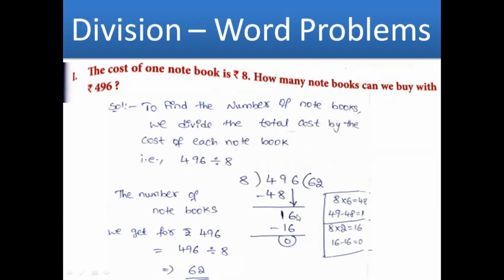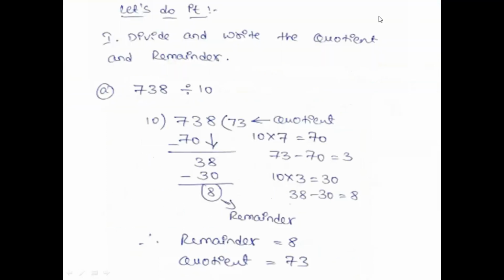Write 1 down. 6 as it is. 8 twos are 16. 16 minus 16, remainder is 0. The number of notebooks we get for rupees 496 is 62.